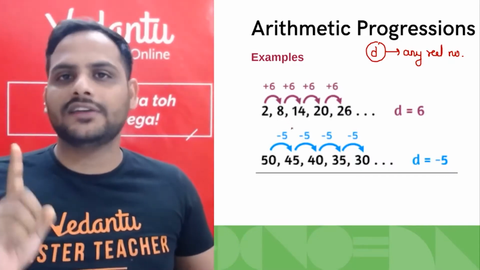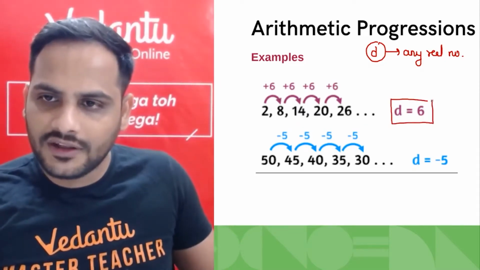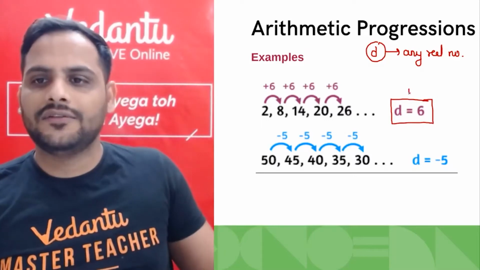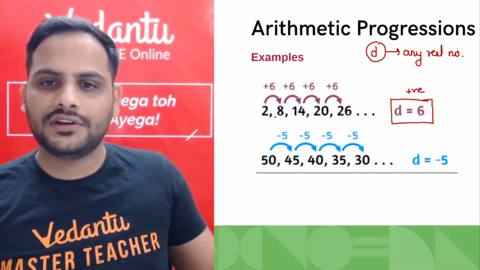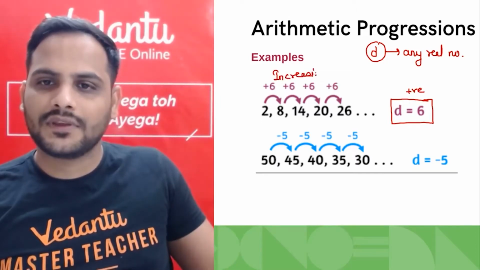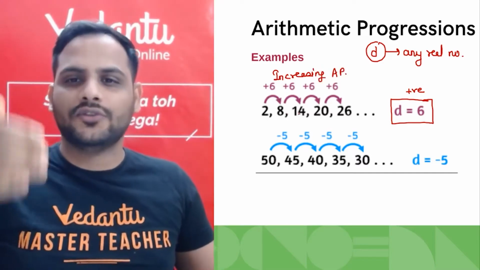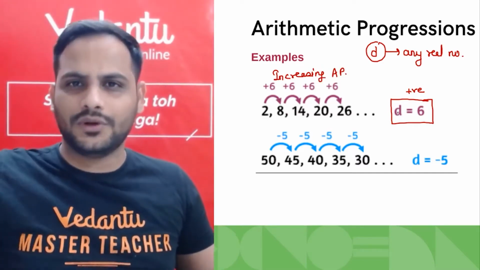Now, one more thing, guys, I would like all of you to notice over here. See, when the common difference is positive, you can see we are getting an increasing AP. Can you see or not? The terms of the AP are increasing: 2, 8, 14, 20, 26, and so on.